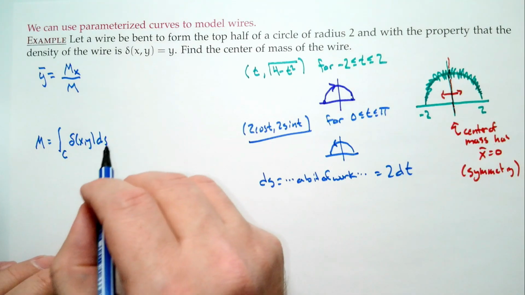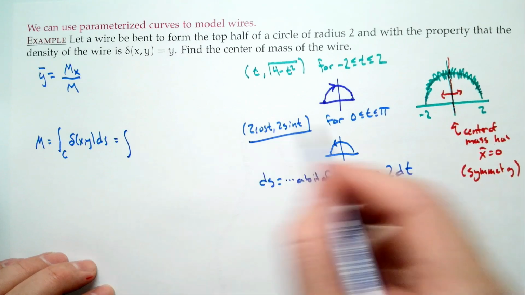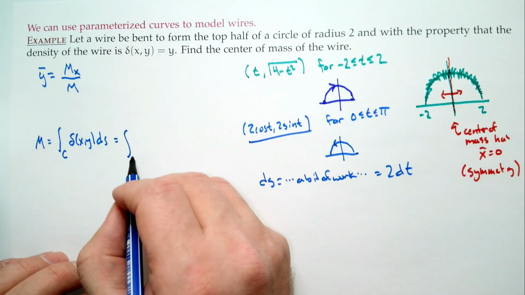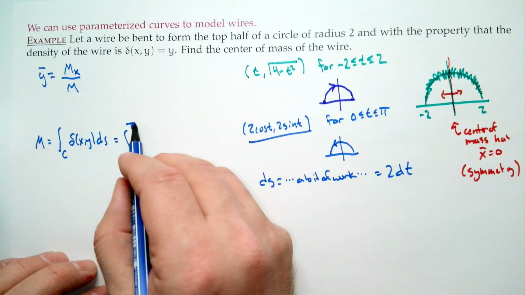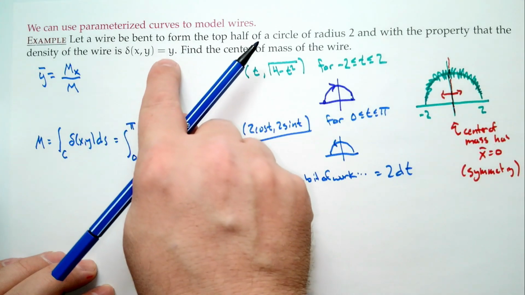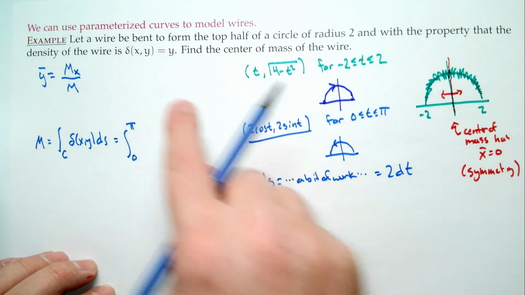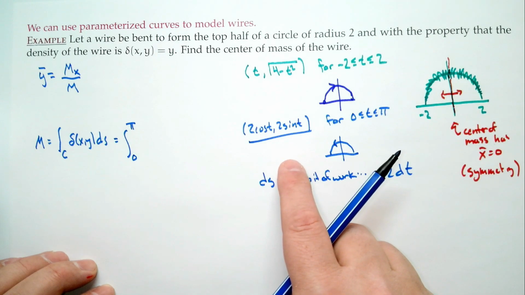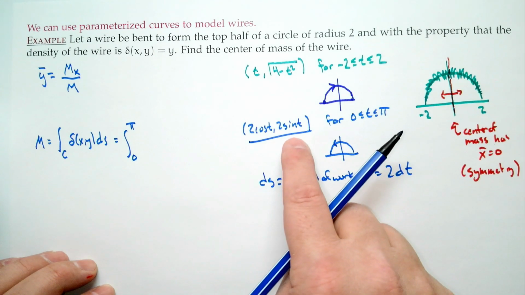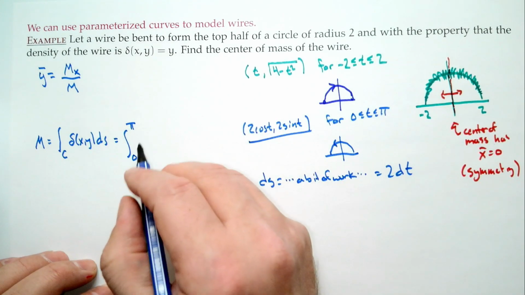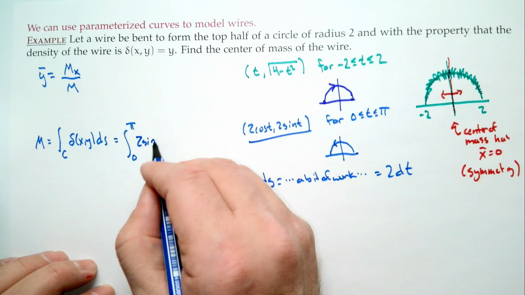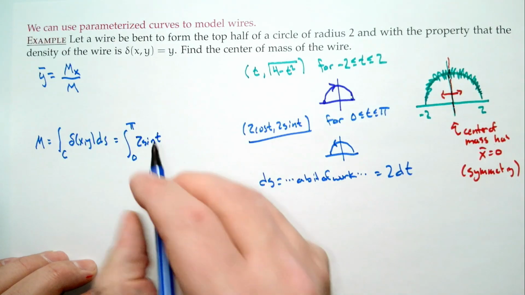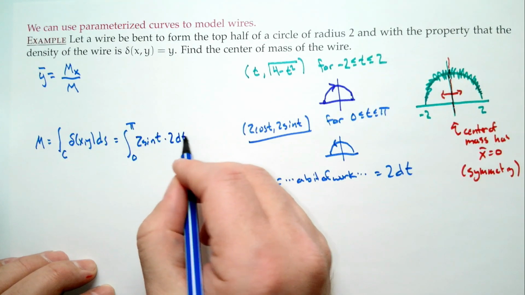All right. So for our case, we're going to use this parameterization, 0 to pi. Our density is y. Okay, in terms of our parameterization, what does that become? 2 sine t, because y corresponds to 2 sine t. And our ds becomes 2 dt.